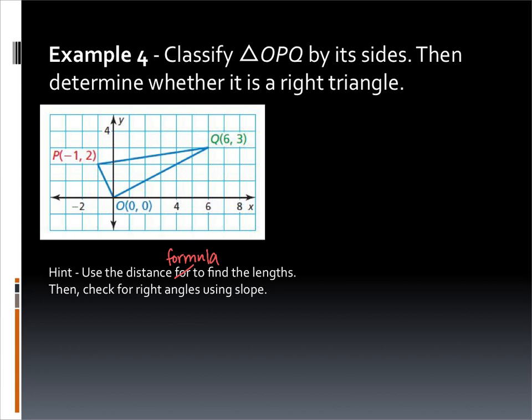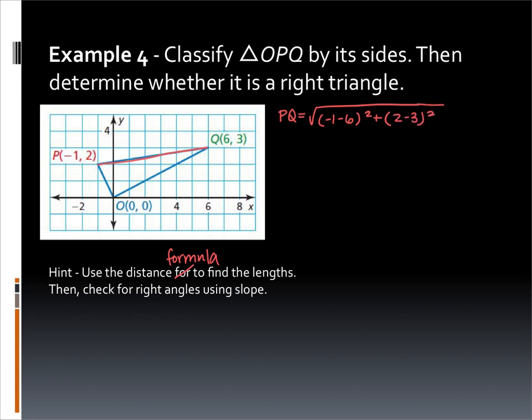Okay, so we're going to look at each of the sides. The first side that I'm going to look at here is PQ. I need the length of PQ, and that's going to be the square root of (-1 minus 6) squared plus (2 minus 3) squared.